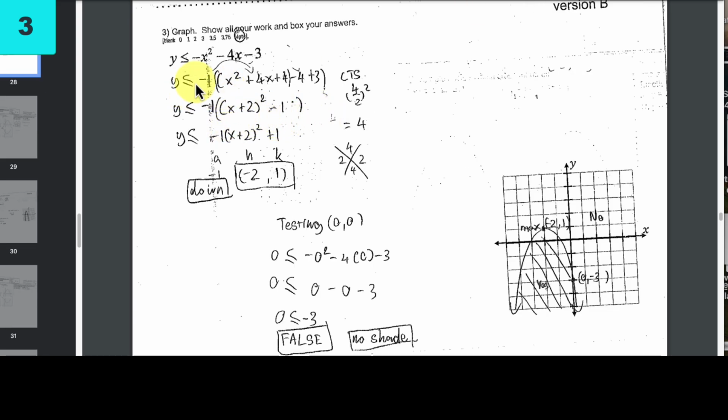Okay, so this student changed standard form to vertex form, and they factored out a -1. In our CTS here, they got a 4, but this is really a -1 times 4, so that's a -4.